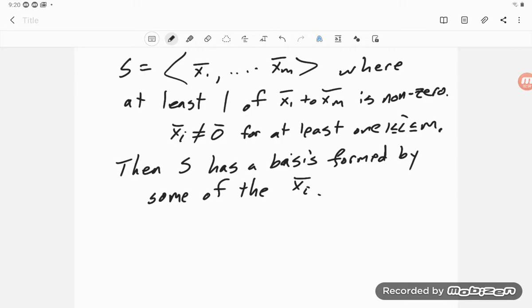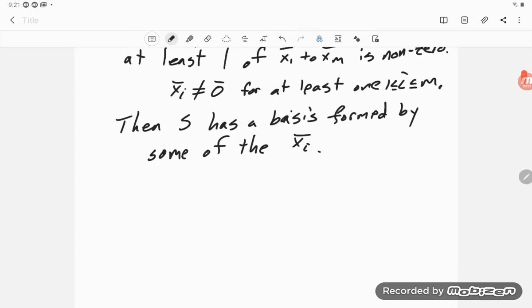If you're constructing something else, you might end up constructing some zero vectors in there and not actually know that you have them. But anyway, if we know at least one is non-zero, then there's a basis in there somewhere.